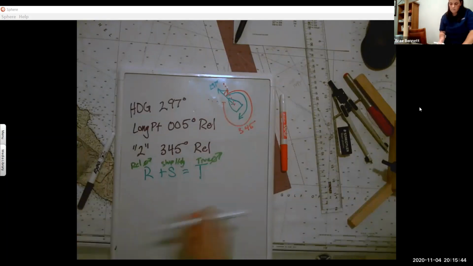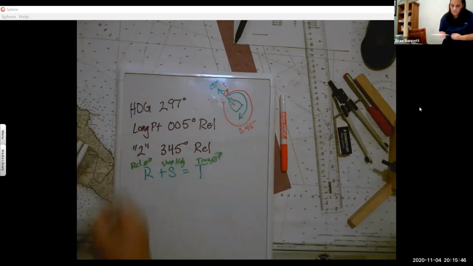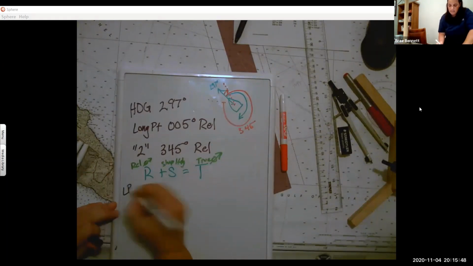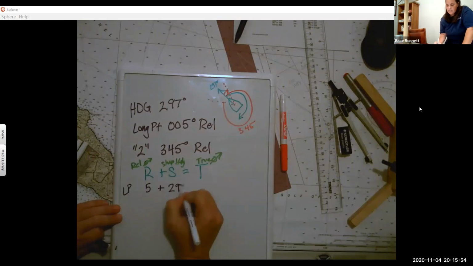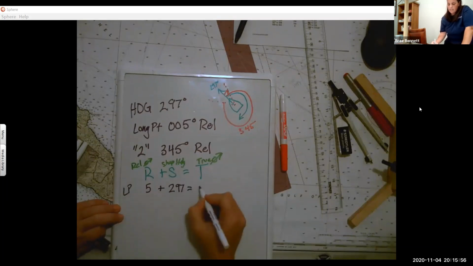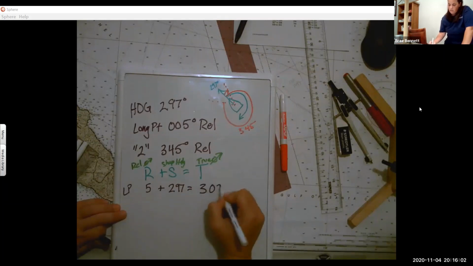So in this case, Long Point with a relative bearing of 5 plus my ship's heading of 297 gives me a true bearing of 302 degrees true.